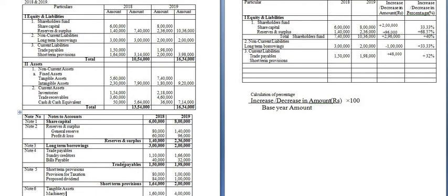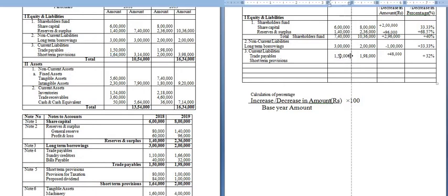The total short-term provisions for the year 2018 is 80,000 plus 84,000, which is equal to 1,64,000. So take the amount of short-term provisions as 1,64,000.